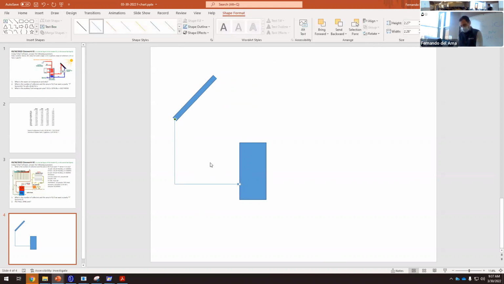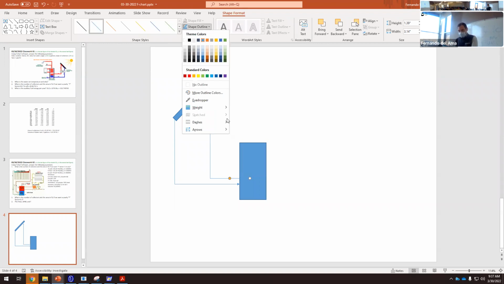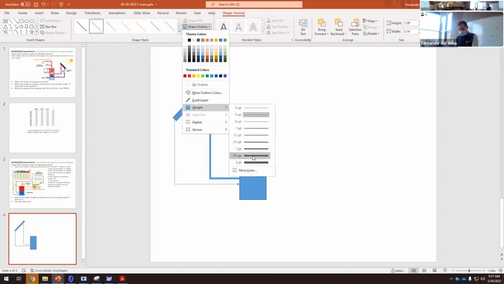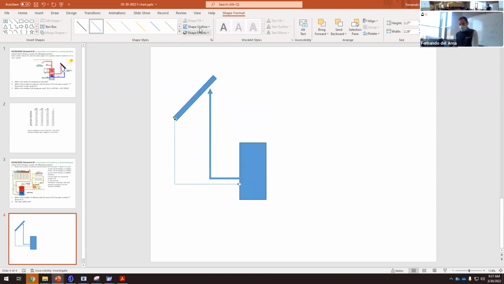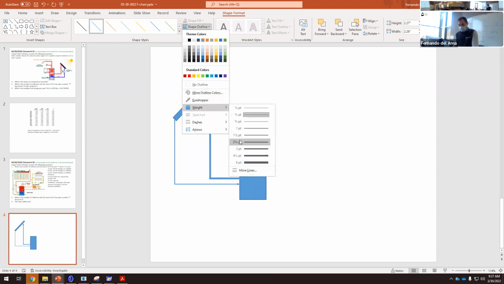And from the water tank to the solar collector. There you go. So let's make it thicker and thicker.